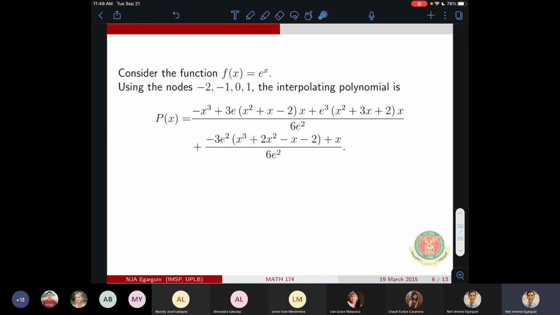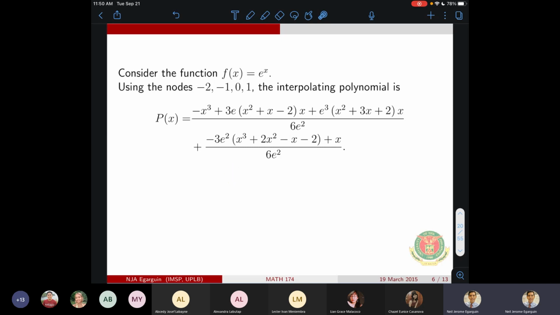So, you will learn later that if I will use these abscissas or nodes, the interpolating polynomial for the function f is this polynomial p. So you can try. Pag pinlug in nyo si -2, ang magiging sagot na function value kay p ay e to the -2.